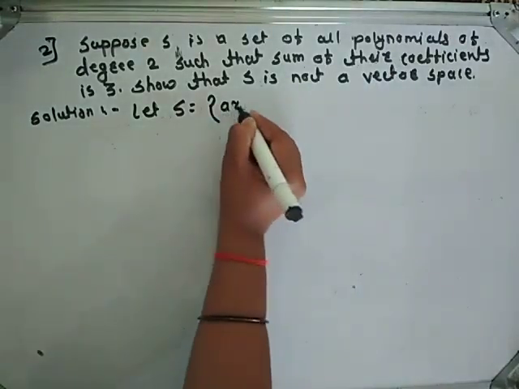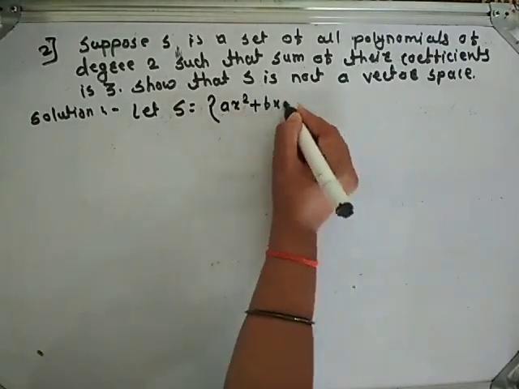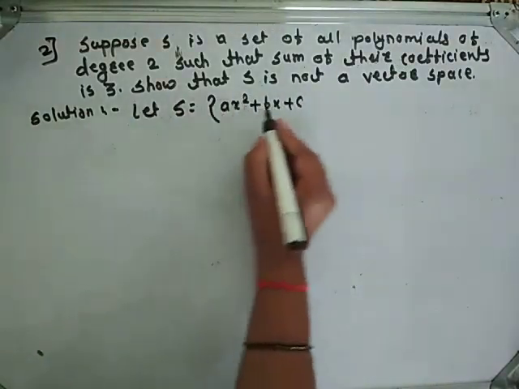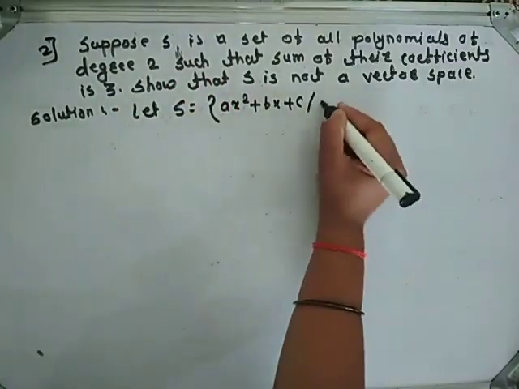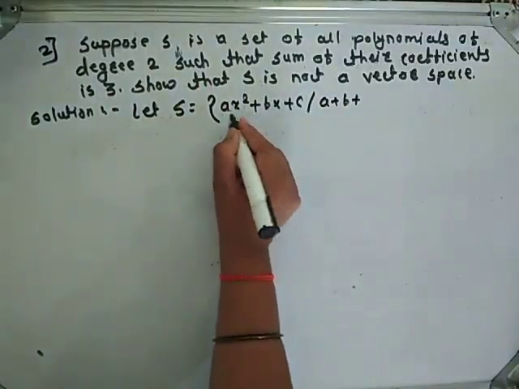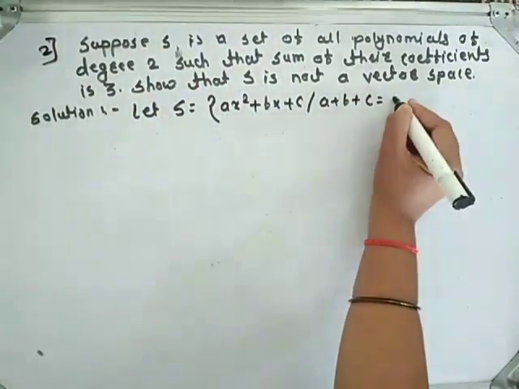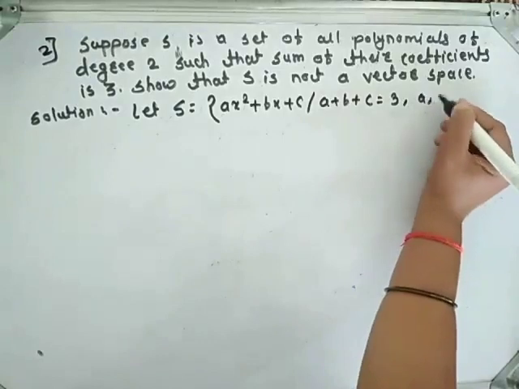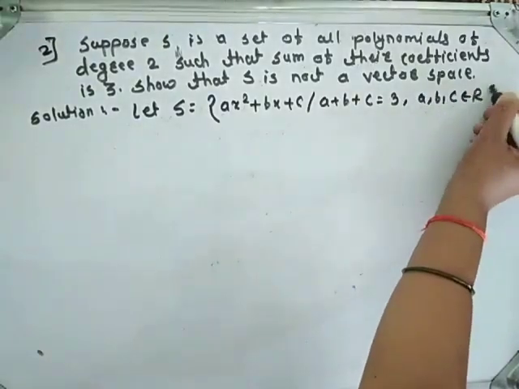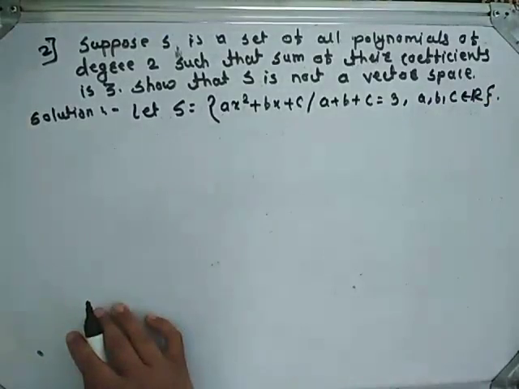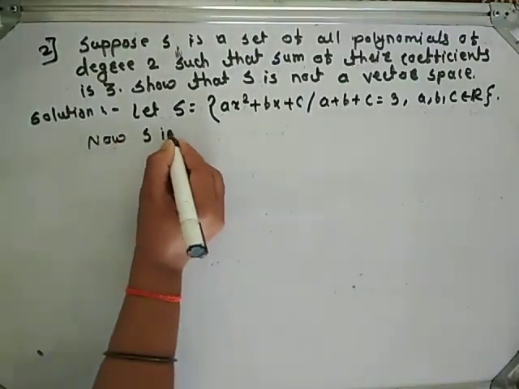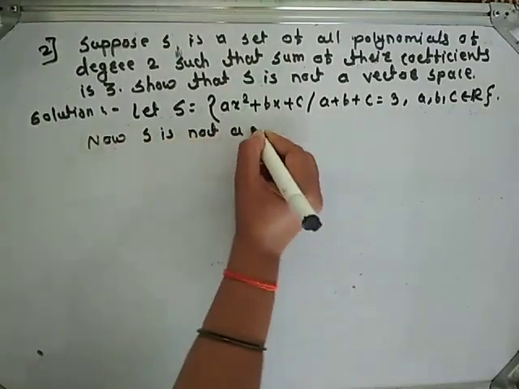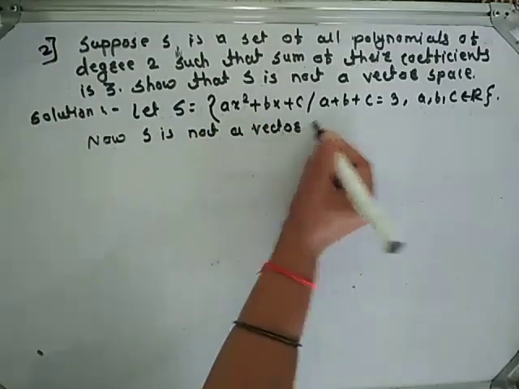Means what? ax square plus bx plus c, where a plus b plus c is equal to 3, and a, b, c belong to R. This S is not a vector space. Why is this?